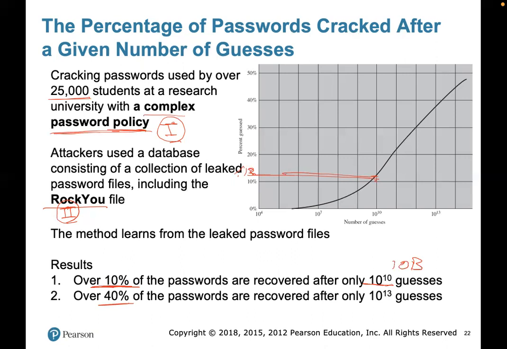And after 10 to the power of 13 guesses, they could reach about 40%. They could guess about 40% of passwords, which is a pretty scary number. And 10 to the power of 13 is almost, I would say, easily doable for existing computers.